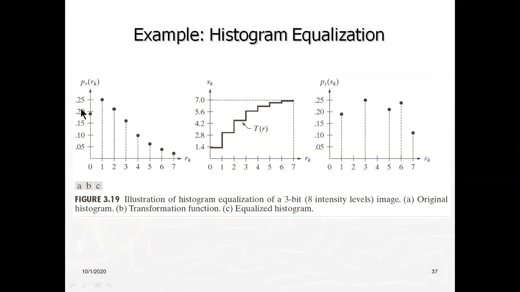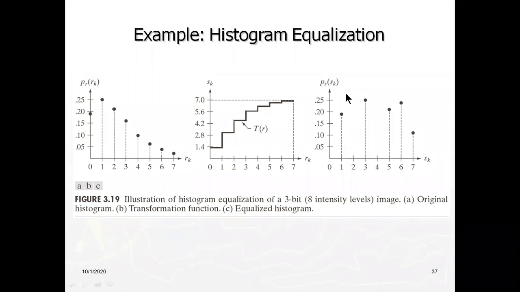You can see that in the whole of the range, it is decreasing over here. The probability is decreasing, whereas here, the probability is more uniform now, for the values from 0 to 7, right?